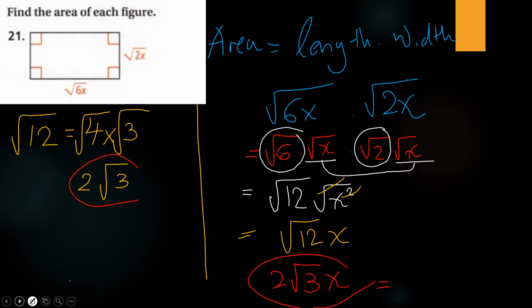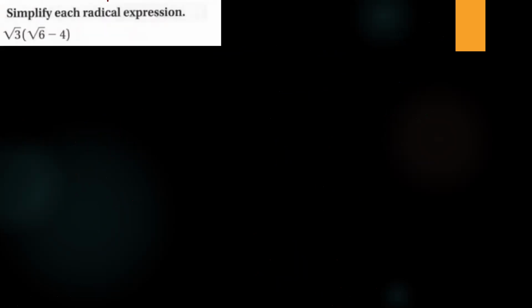Bravo. Let's now simplify this one here. As you see, we have to use the distributive property. Square root of 3 times square root of 6 minus 4.